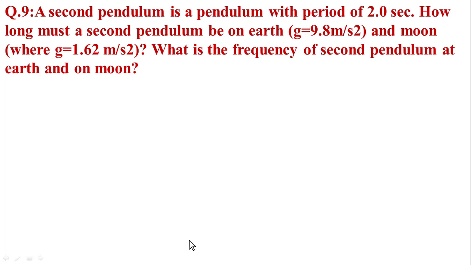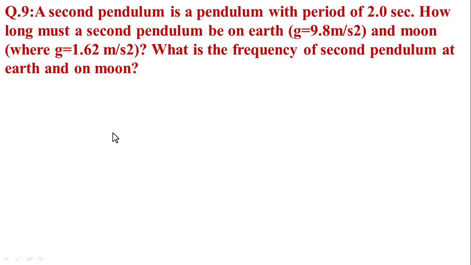Here, the given statement says second pendulum. What is meant by a second pendulum? When the time period is 2 seconds, that means the pendulum is a second pendulum. If it is 1 second, then it is a first pendulum. So now we require the data.